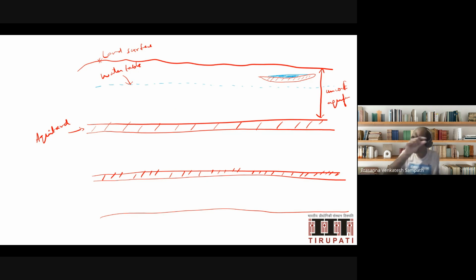And then I have an aquitard which has a hydraulic conductivity of maybe 0.1 meters per day or 0.01 meters per day, comparatively about 100 times lower than the unconfined aquifer. And then below that, the next aquifer that I have is called the confined aquifer.